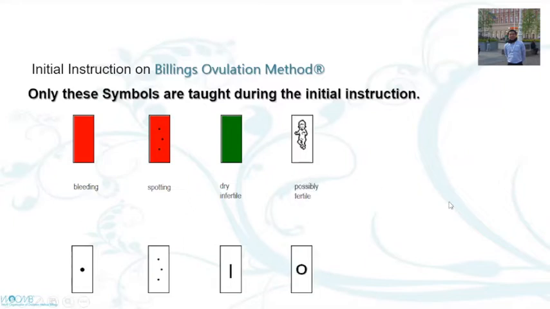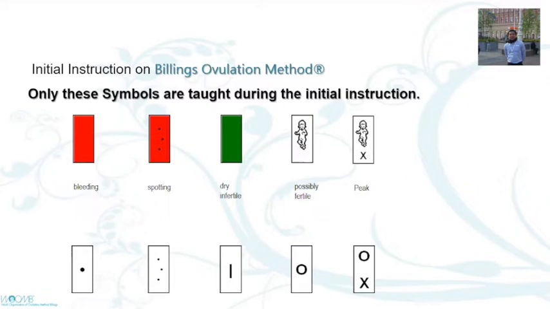If there is already mucus secretion, then you may use the symbol circle. We don't have the baby stamp, but if you are using the Billings app, there is a baby stamp there. In the absence of the baby stamp, we use a circle to indicate the first appearance of mucus, possibly fertile.